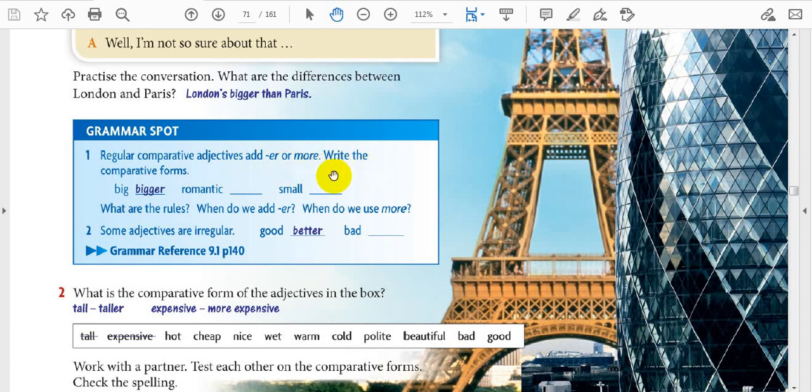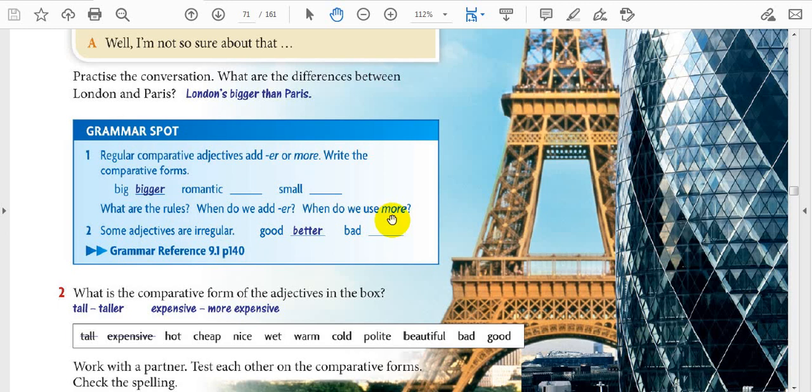Write the comparative form. For example, big, bigger, romantic, more romantic, small, smaller. Sorry, small does not end with E. I'm sorry about that. What are the rules? When do we add ER or when do we use more?